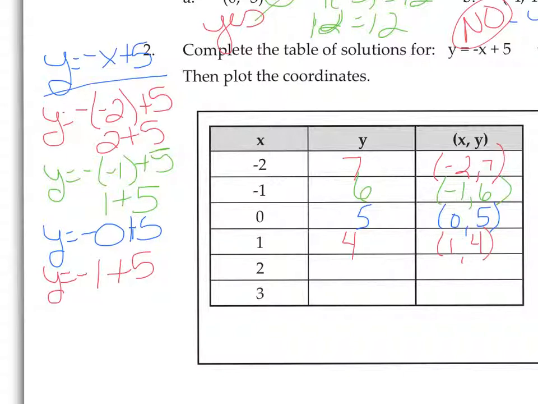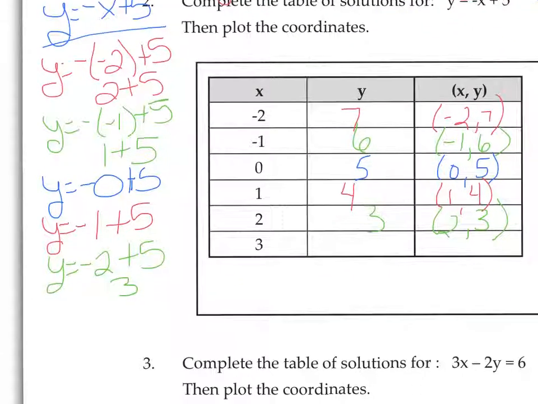And then we have a positive 2. So y equals negative 2 plus 5. And the reason for these negatives, you guys, is because there was a negative in the original equation in front of that x. So this negative has to go on in front of every single number that you're inputting for x. So negative 2 plus 5 makes positive 3. So we have (2, 3).